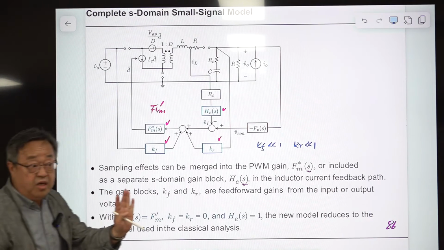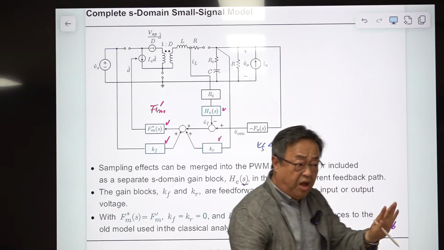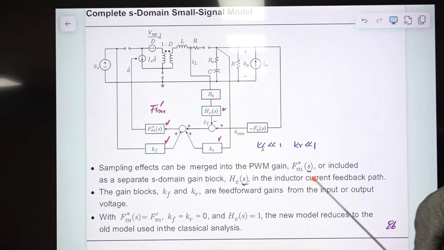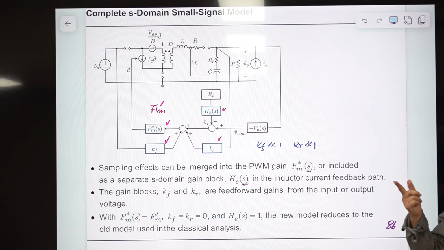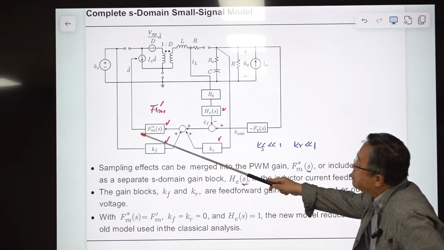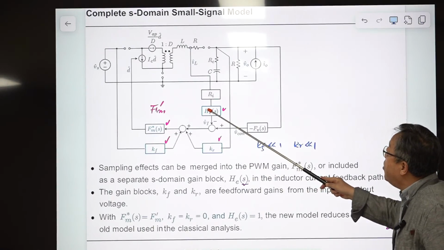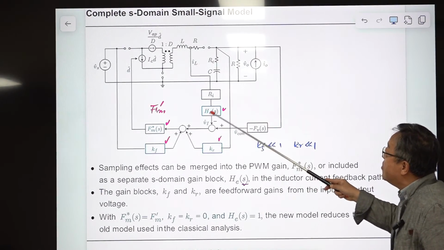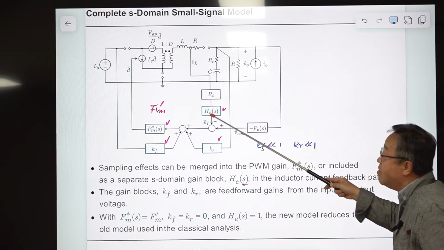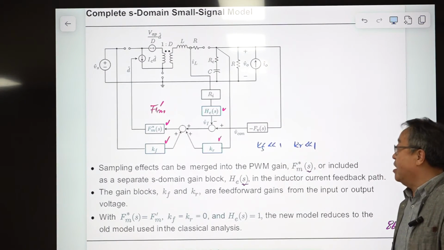There is another person who derived a very similar model right after Lidley proposed this. His name is Dongten, a Chinese researcher, and he has this frequency dependent modulator gain, and this one is constant. For his case, this one is 1.